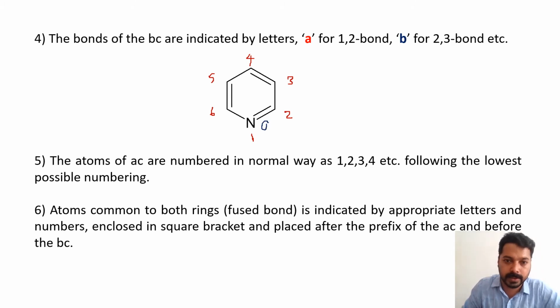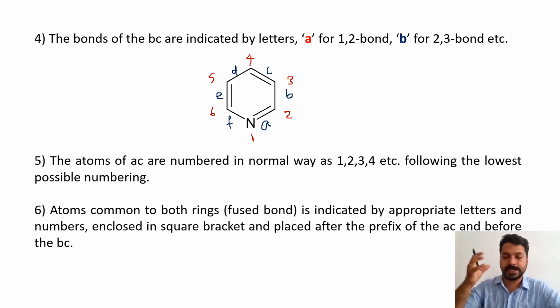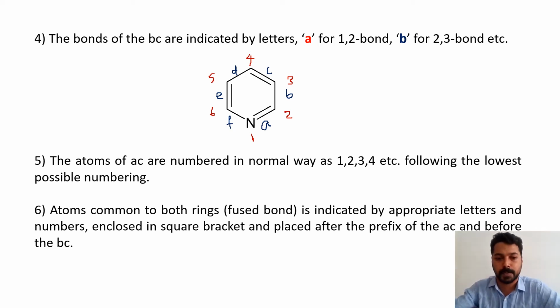This is A. 2-3 will become B, 3-4 will become C, D, E, F, like that, and this will be F. So after selecting the base component as well as the attached component, next you should give alphabets for the base component. That is, the 1-2 bond will be given A, 2-3 will become B, like that.